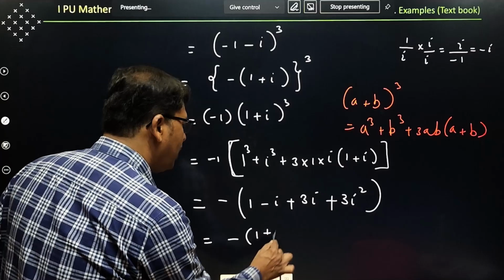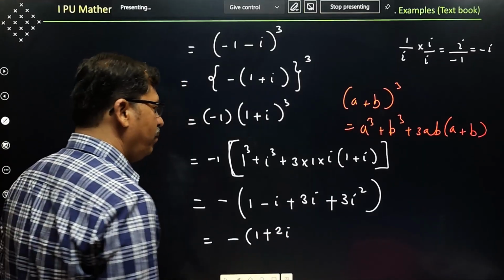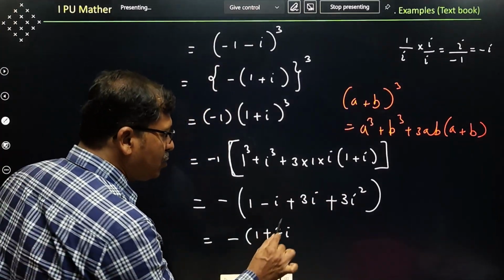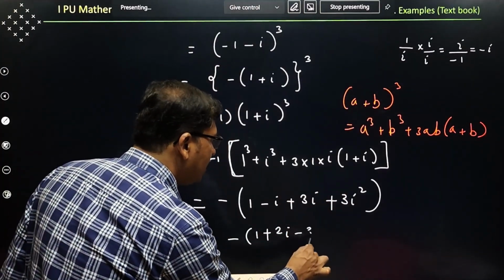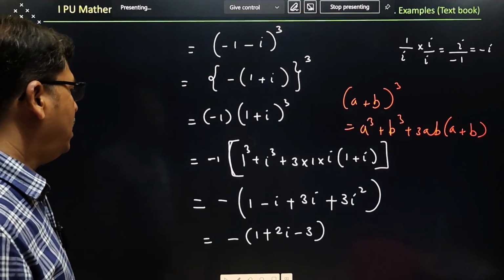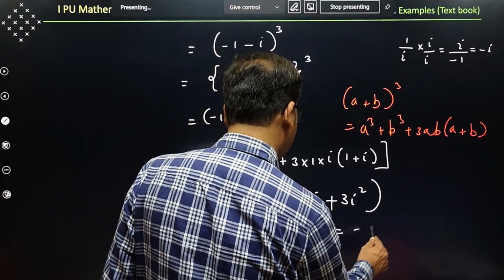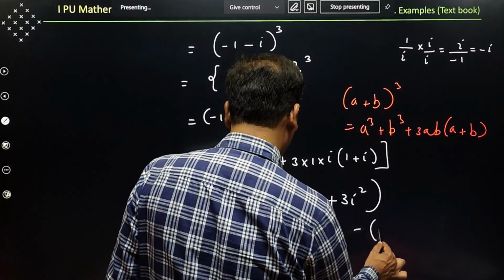Now you see what happens: this is equal to minus sign outside, 1 minus i plus 3i, that is 2i, plus 2i. In i squared, value is minus 1, so minus 1 into plus 3, that is minus 3.